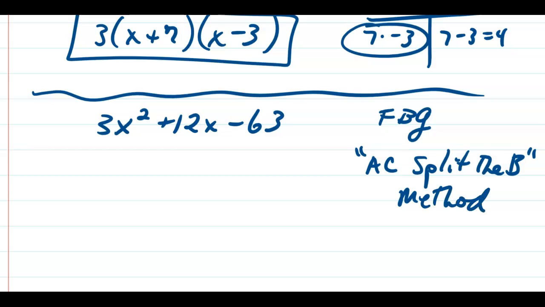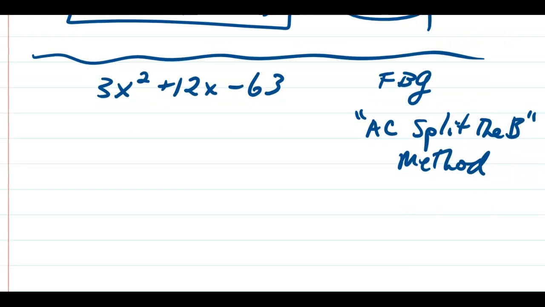And where does the A and the C and the B come from? Well, the quadratic trinomial in standard form has this form. Some number A times x squared, some number B times x, and then some number C on the end. So if we're going to multiply A times C, it means we're going to multiply the 3 times the negative 63.